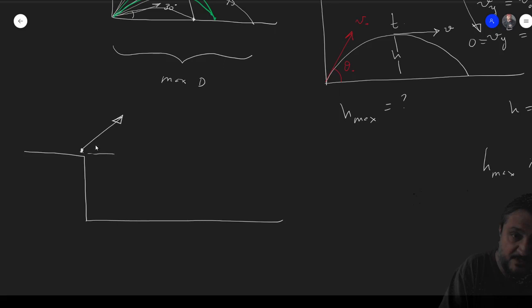This is a little bit more complicated, but not too difficult, and I actually solved it in another video, and I will include that link in the description for this video.